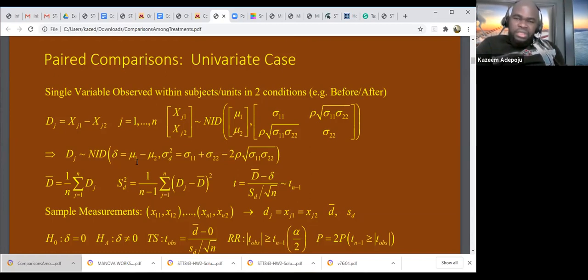Now I want to start from the univariate perspective for the paired comparisons. We have this, which is just the difference between before and after, and the D_j here is talking about the difference.